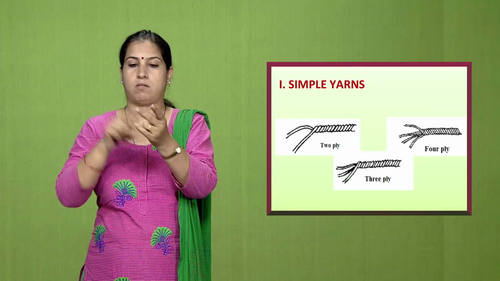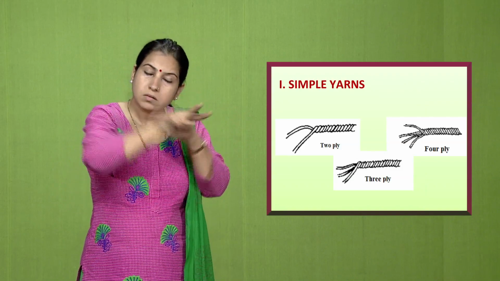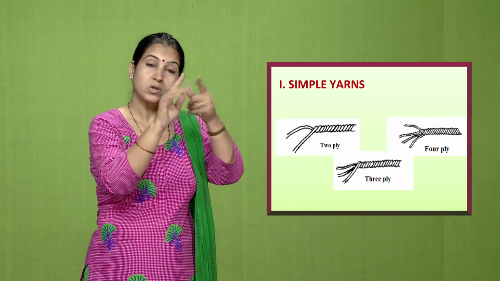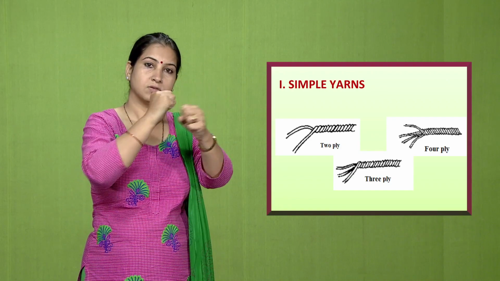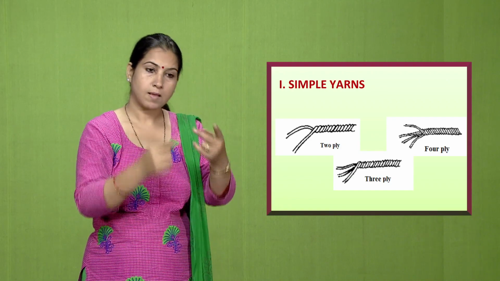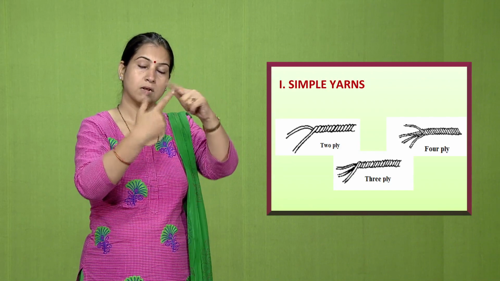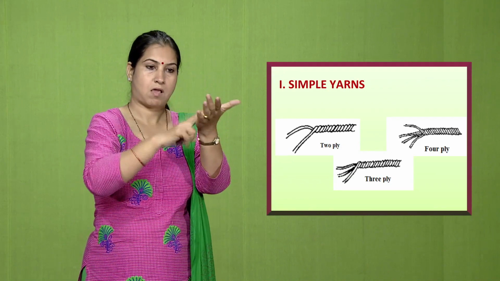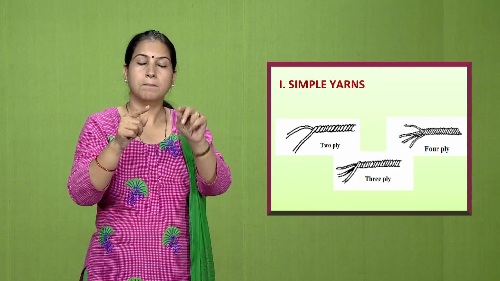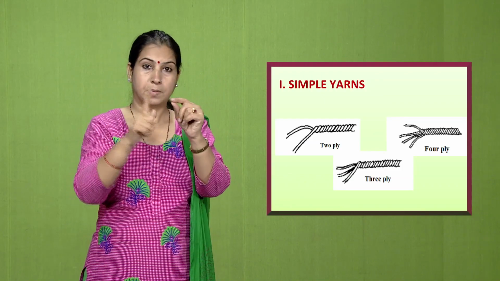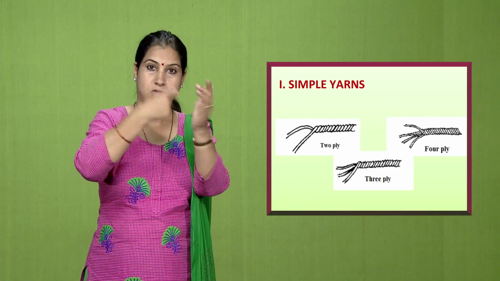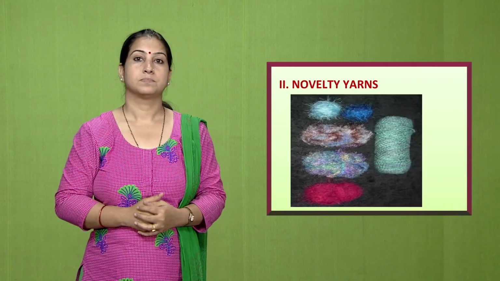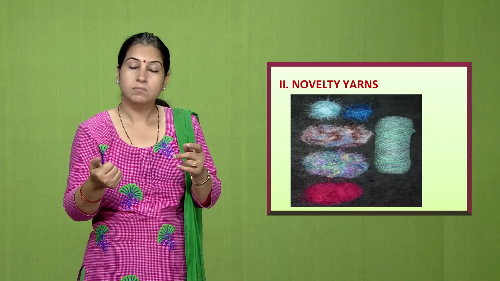Simple yarn can further be classified into two types: single strand yarn and multi-strand yarn. Multi-strand yarn can also be known as ply yarn. And the second, novelty yarn, can also be of different types.